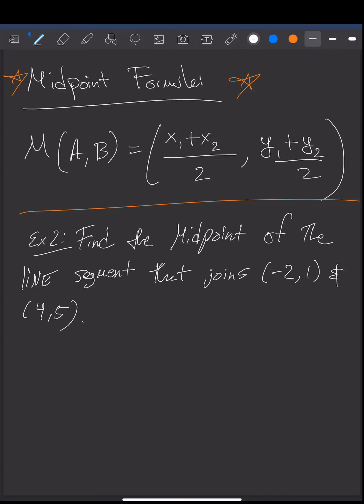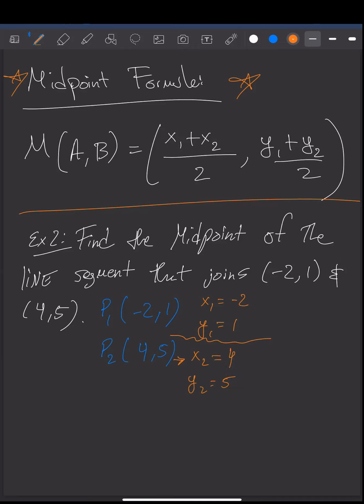So going back, I tried to distinguish both of them, meaning call one point 1 and point 2. So we know that point 1 is -2 and 1, and then point 2 is 4 and 5. Again, we know that x1 is -2, y1 is 1, x2 on the other point is 4, and then y2 is 5. Right?